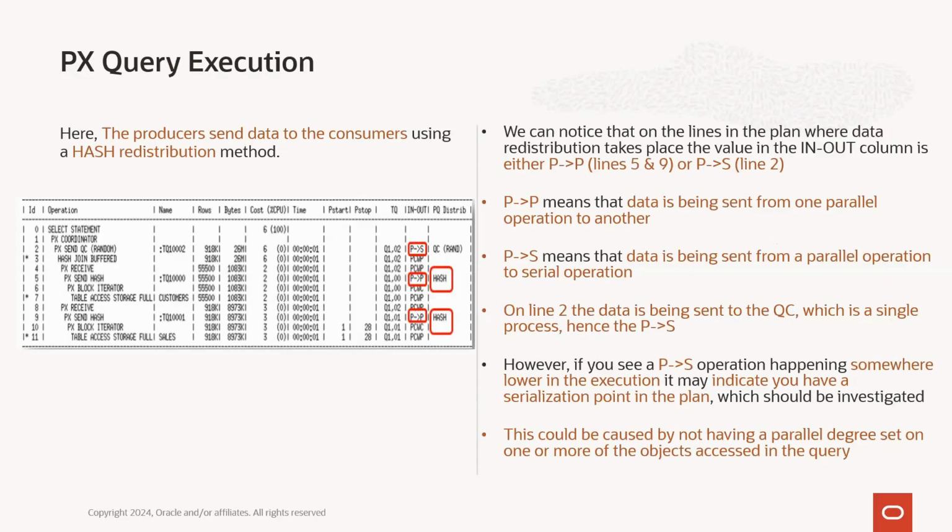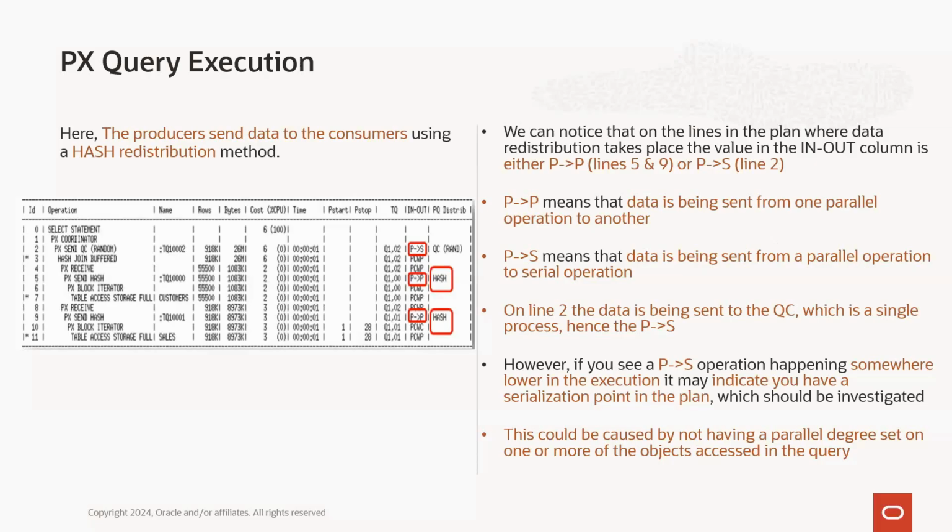So if we see a P2S operation happening somewhere lower in the execution plan, it may indicate we have a serialization point in that plan, which should be investigated. But it depends on the query and how it is being used, the complex conditions, etc. This could be caused by not having a parallel degree set on one or more of the objects accessed in a query.